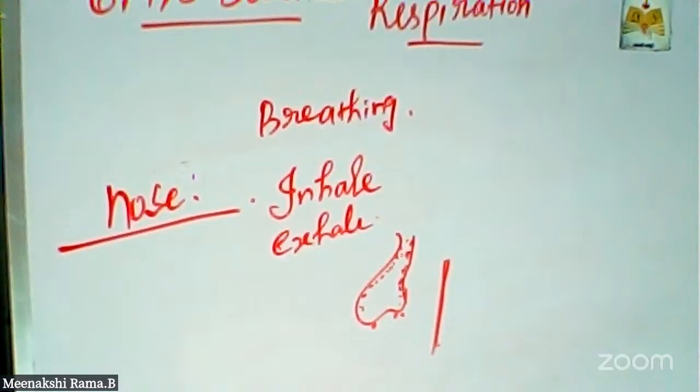This is the function of the respiratory system. There are different kinds of respiration. One is cellular respiration, which is of two types: aerobic respiration and anaerobic respiration.